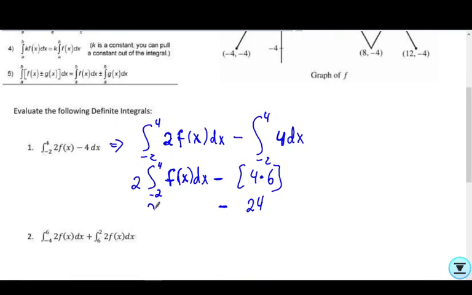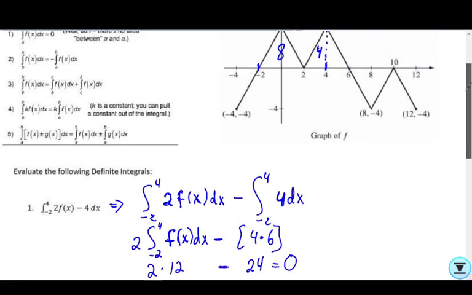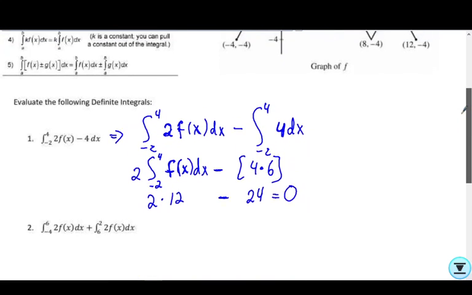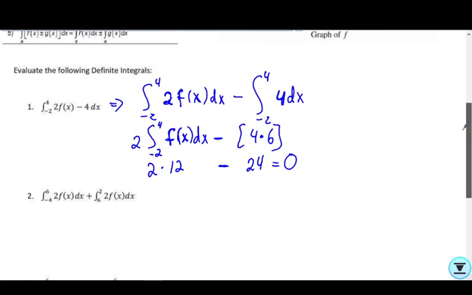So this is 2 times 12, which is 24, minus 24, which equals 0. Okay? So I'm just using these rules here for definite integrals to simplify it so I can use this graph to evaluate my integral.